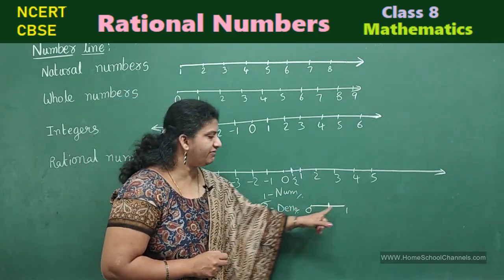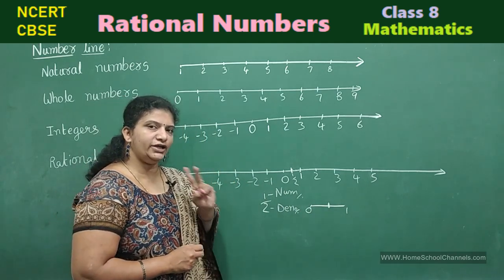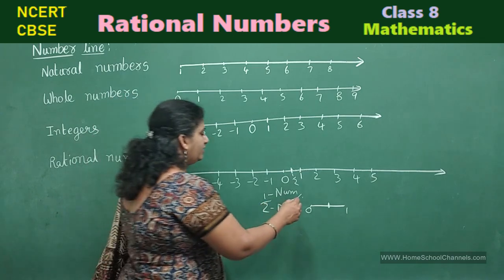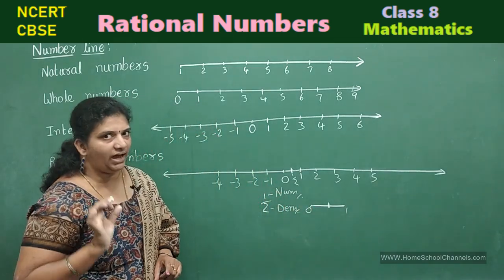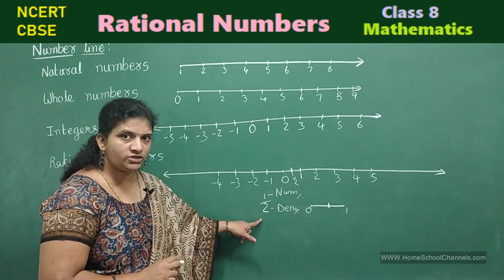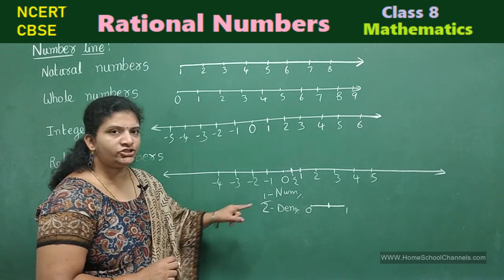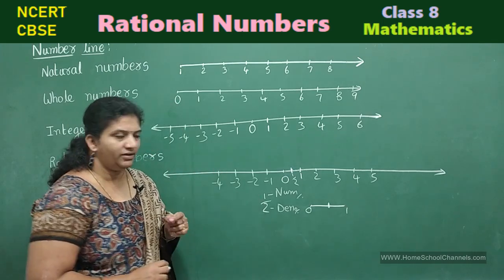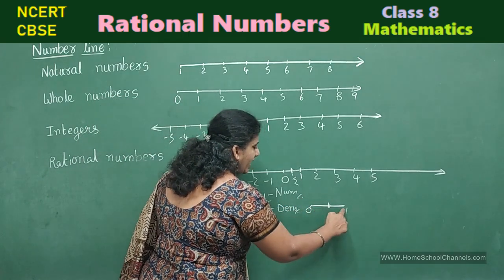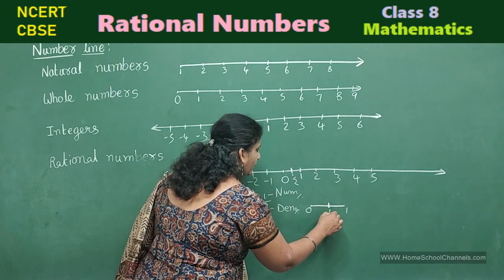How many parts have I made here? 2 parts. 1 unit length is divided into 2 parts, right? Denominator shows the number of parts you have made, and numerator shows the number of the part you are saying. So here I can say 1 and 2. 2 divisions done and this is the first part, 1 by 2.